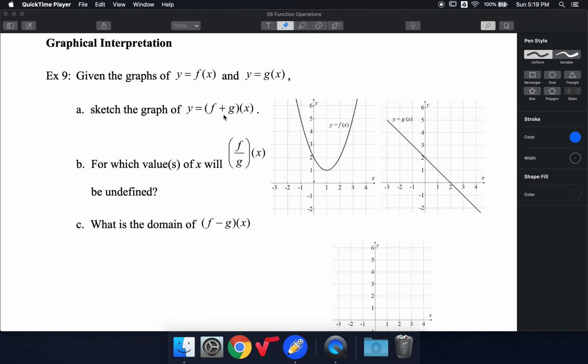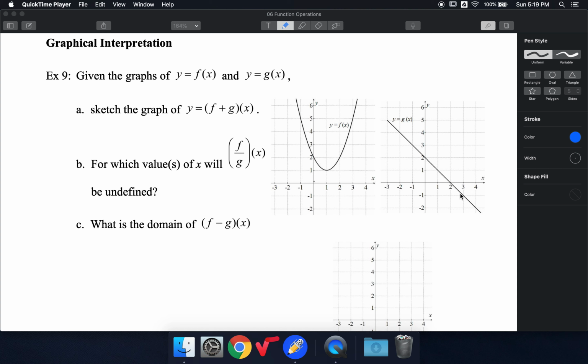So if I want to sketch the graph of a quadratic plus a linear, well, I know that adding a quadratic and a linear, the only terms that are going to change are the bx plus c, because the linear is only going to have a bx and a c term.